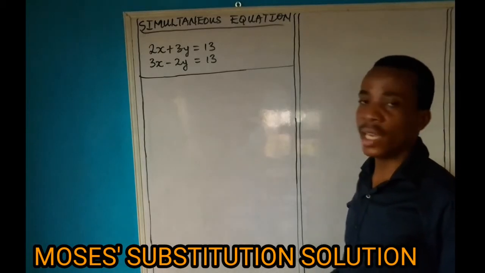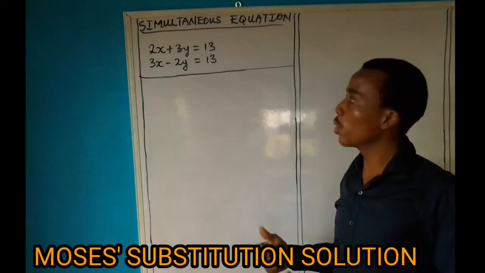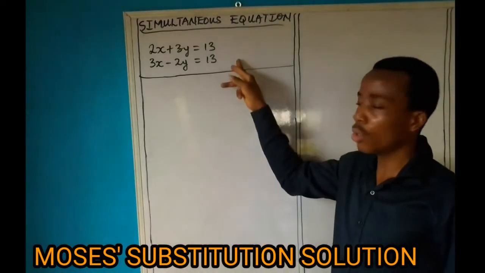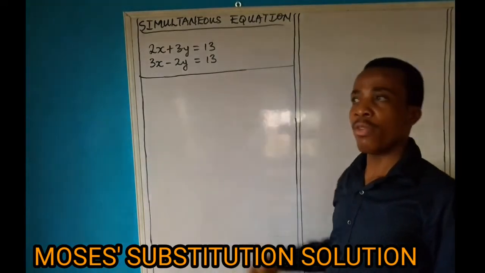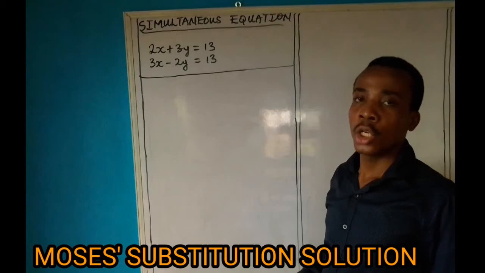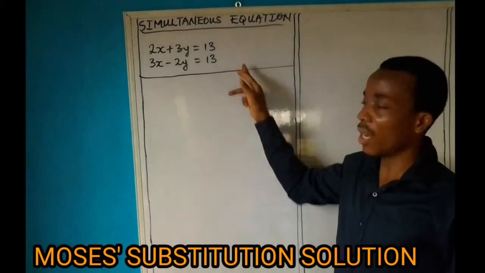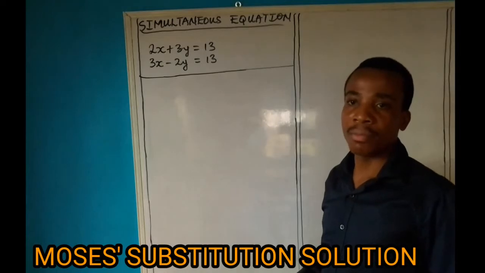I'm going to show you how to use the substitution method to tackle it, before I hand you over to my friend Eva to show you how you can use the elimination method to tackle this problem.